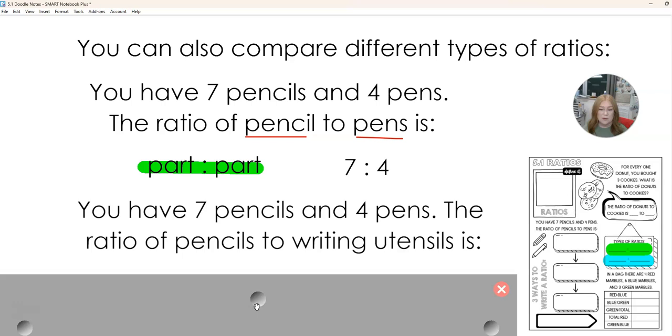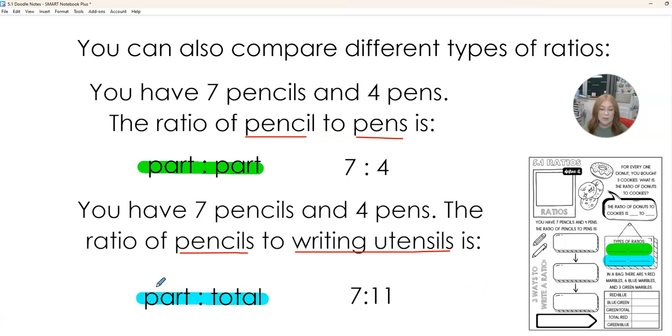But we can also compare a part to all of it together, and we can do part to total. So we have 7 pencils, but total, we had 7 pencils and 4 pens. So total writing utensils, we have 11. So we can compare part and part, or we can compare part and whole.